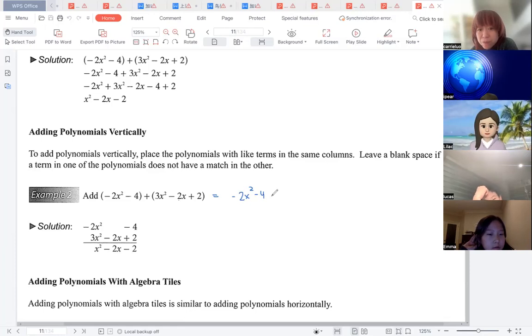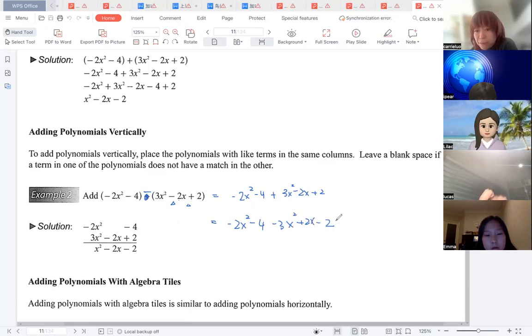Plus, so that means you don't change anything, right? So plus 3x squared minus 2x plus 2. Get it? Okay, so if the same question, I change this one into negative. So the first bracket is nothing to be expected, but the second one will be negative 3x squared. So before negative became positive 2x, before positive became negative.